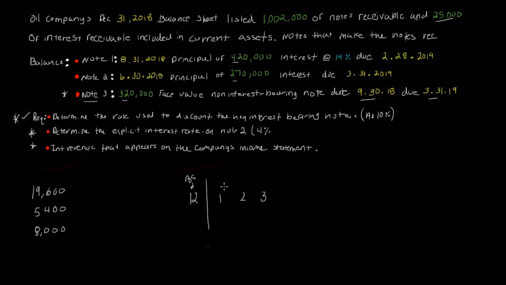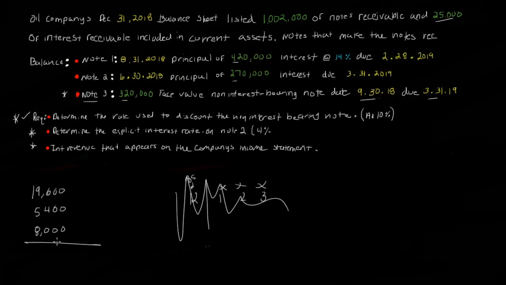We cannot count these because we have not incurred those dates yet, so we have to stop at 12. So we're taking half of that. So we have a total of 8,000 here.